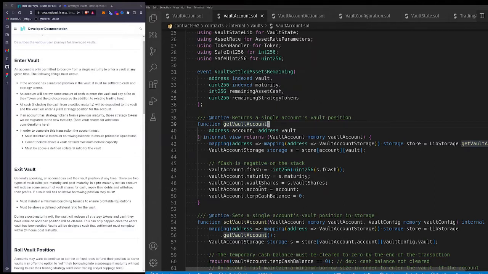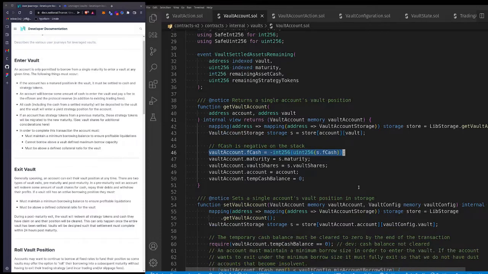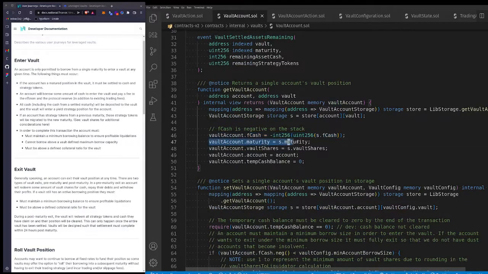So accounts have an amount of fCash that they've borrowed. They are only allowed to be in a single maturity at any point in time. So each account cannot be partially in the 3-month and partially in the 6-month maturity. They must either be in one or the other.